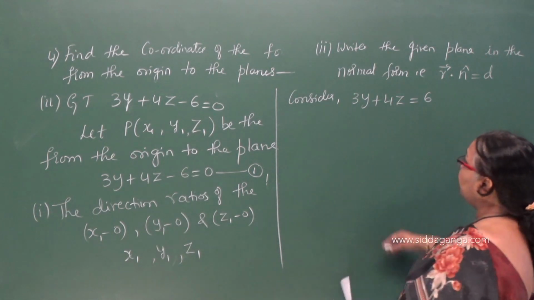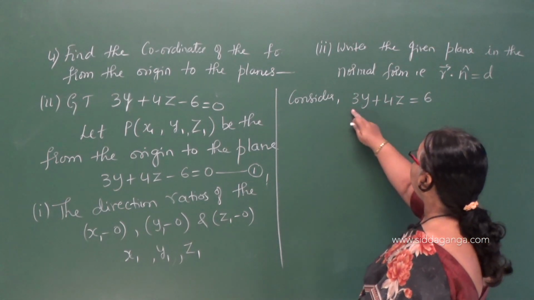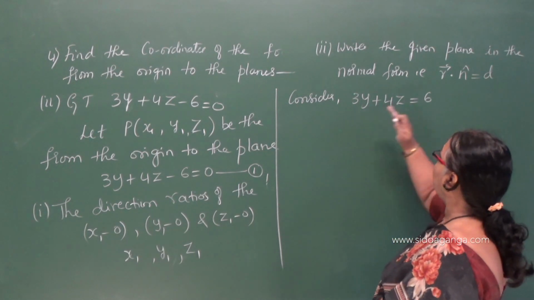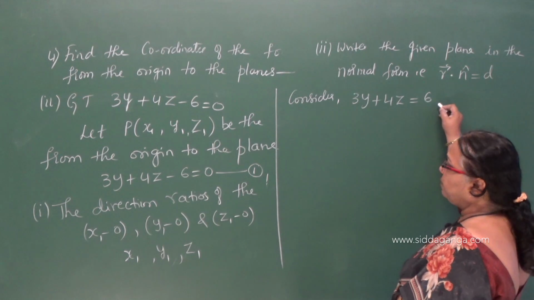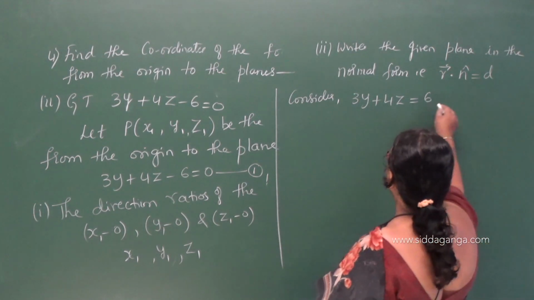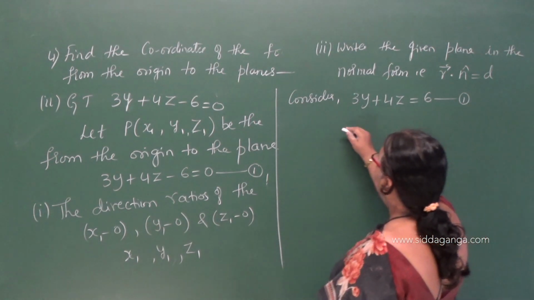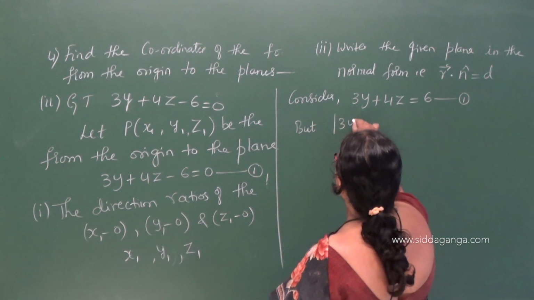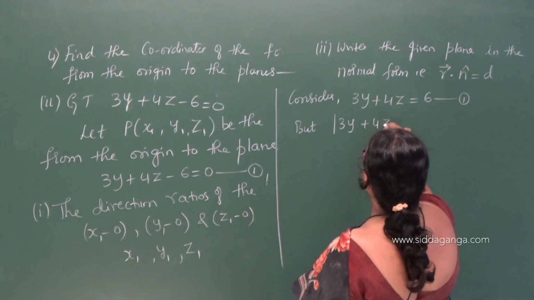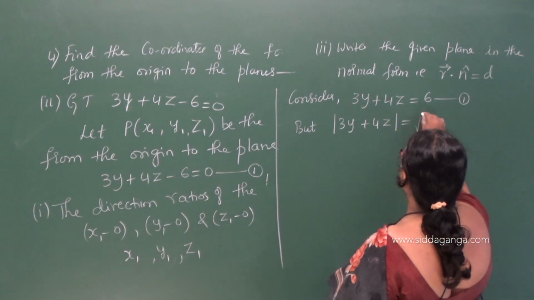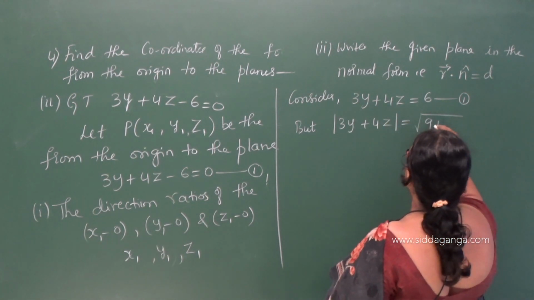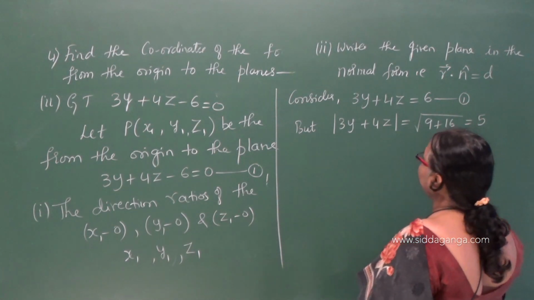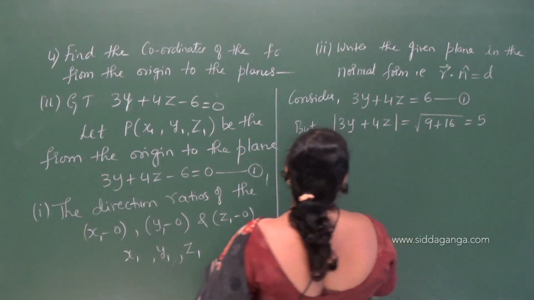Now we have to divide by its magnitude. This is nothing but equation 1, but the modulus of 3y plus 4z is equal to root of 9 plus 16, that is root 25, which is 5.